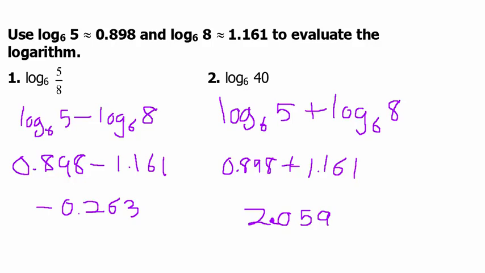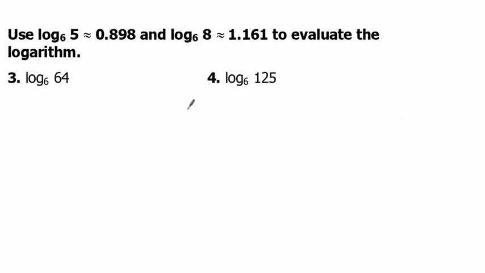Okay, so if we solve a couple things, we can. Continuing on, 8. If 5 doesn't come in this, but 8 does, this could be 8 squared. And that would be 2 times the log base 6 of 8.